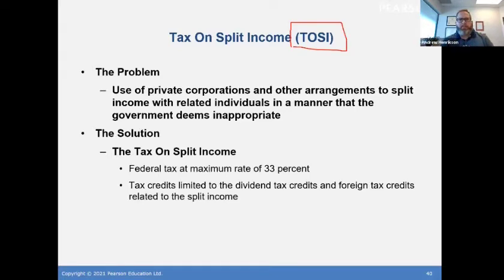So the next topic, still in chapter 11, is called tax on split income. This is some new legislation, or additional legislation to pre-existing legislation, with changes that occurred a couple of years ago.